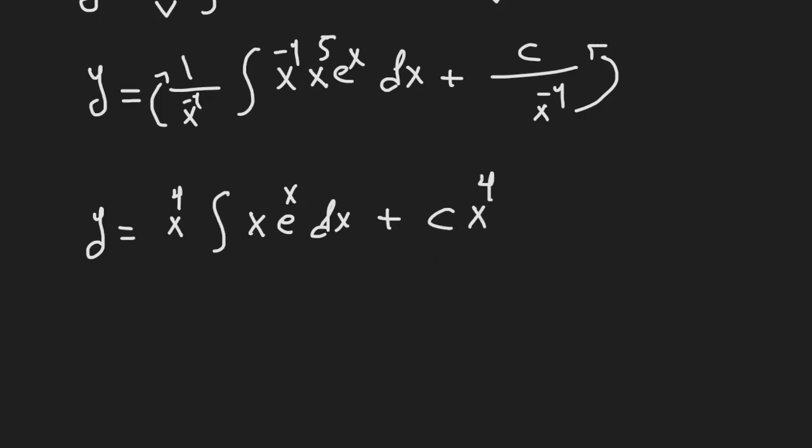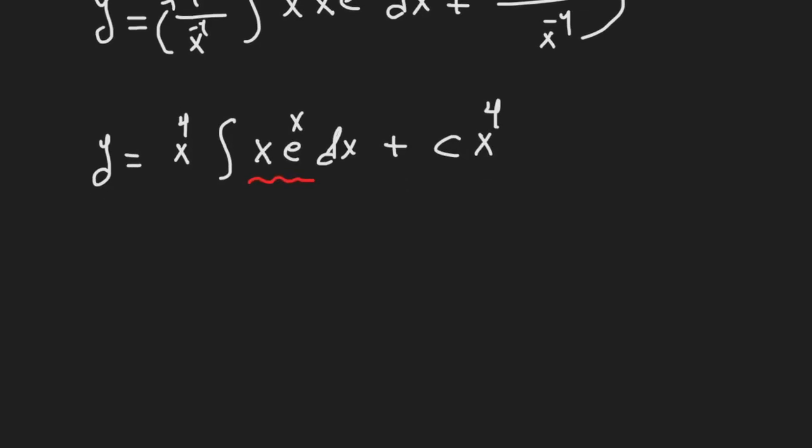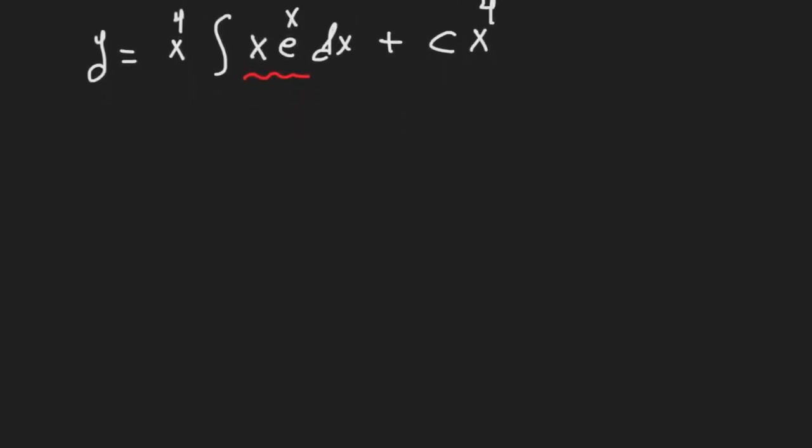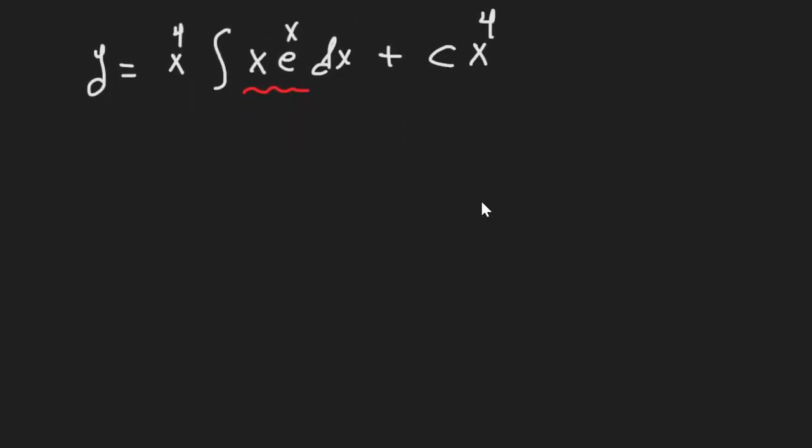Now how do we integrate this part? Well, basically you need your table, and this is the easiest way to integrate such a function. So this is your e to the x and this is x. You need to differentiate in this part and integrate in this part. If we integrate in this part, we will get e to the x and again e to the x.